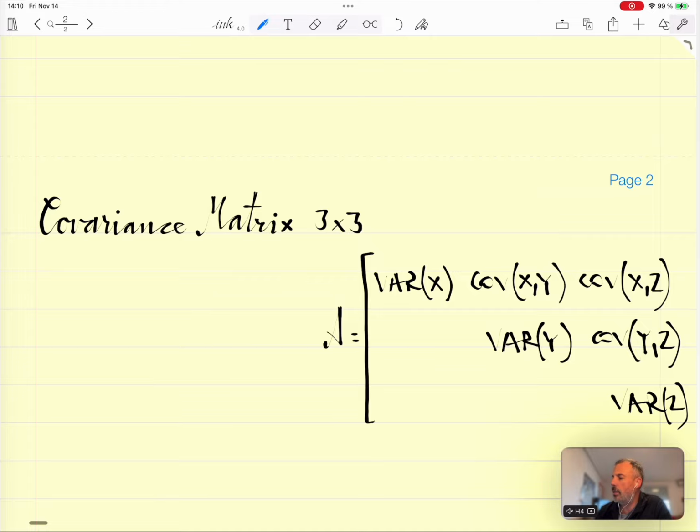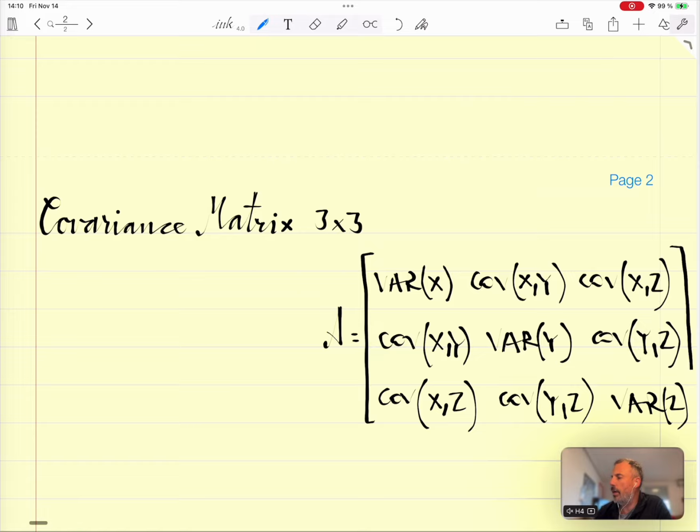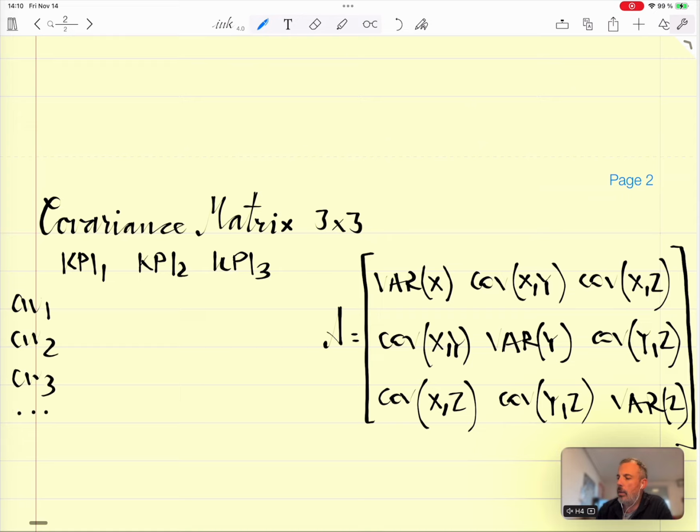This is a symmetric matrix, so we just go ahead and do this, and we have the covariance matrix. Imagine, for instance, this data come from a management system with 3 KPIs, and then we have calendar week 1, calendar week 2, calendar week 3, and so on. So we have the data here.